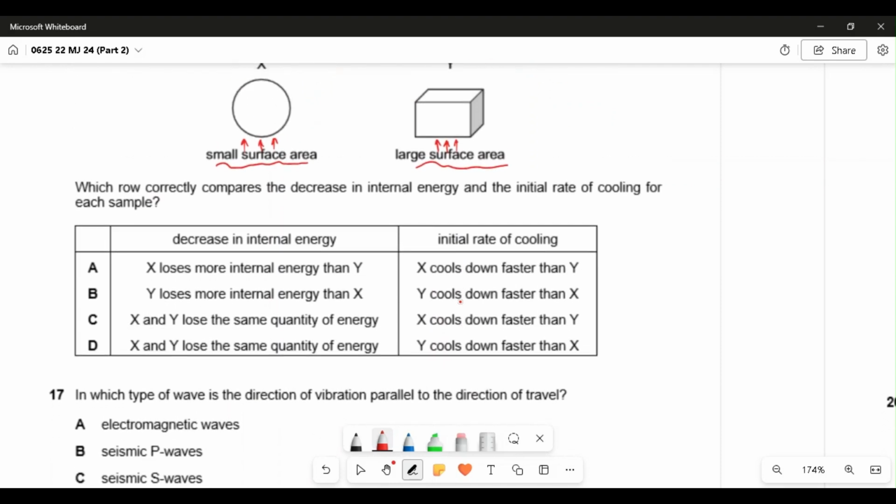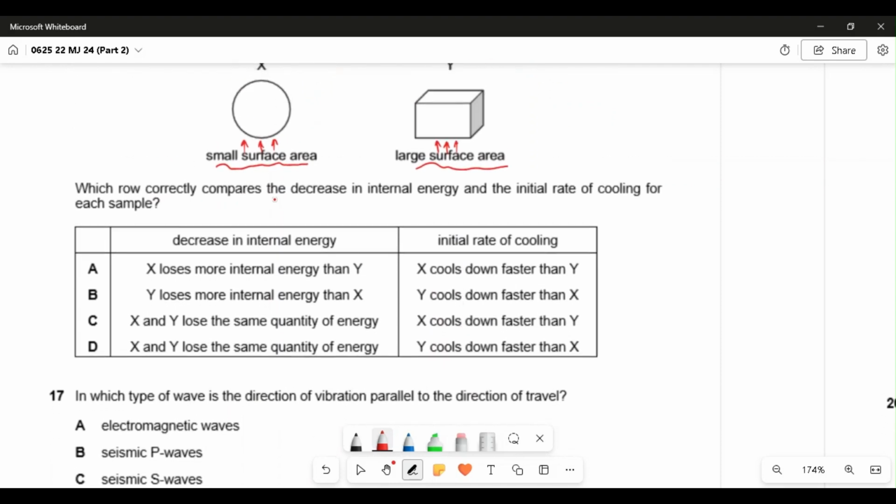But let's see what the question is saying. Which row correctly compares the decrease in internal energy and initial rate of cooling for each sample? First of all, when you allow the same heat to enter and the same heat to release, the increase and decrease in internal energy will be the same. Why? Because you are heating them to the same temperature and allowing them to cool to the same final temperature.